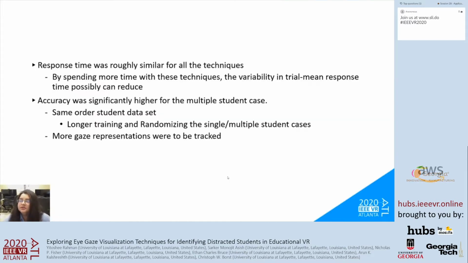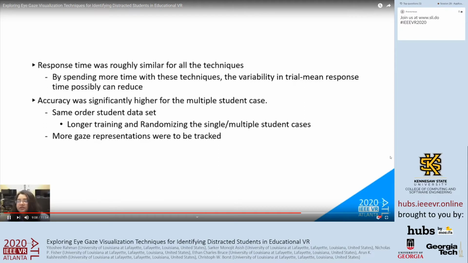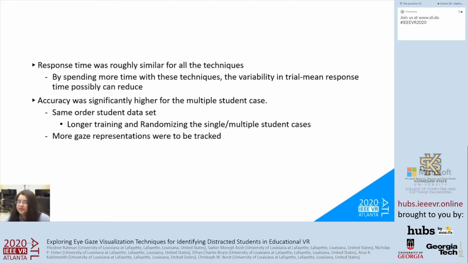Discussions. So we can say response time was roughly similar for all the techniques. We believe that by spending more time with these techniques, the variability in trial mean response time possibly can reduce. Also, we noticed that accuracy was significantly higher for the multiple student cases. One possible reason is that they tried the single student cases before the multiple student cases.